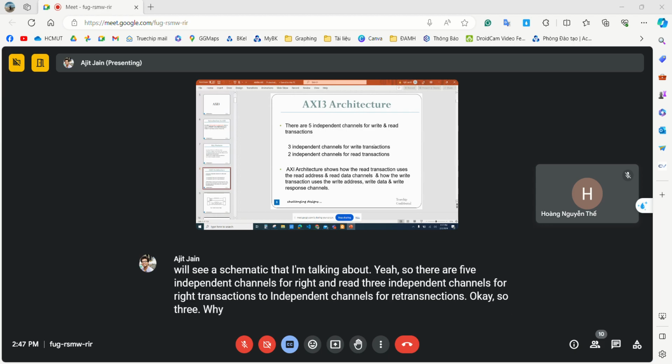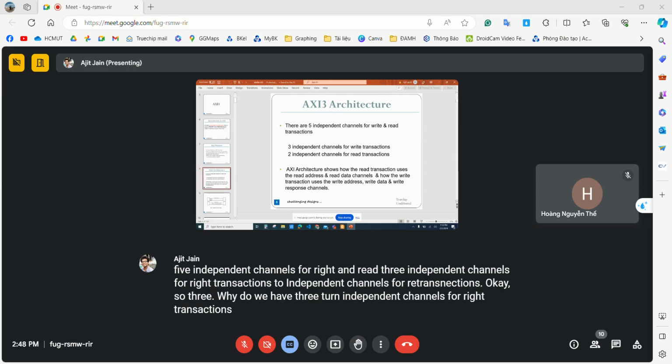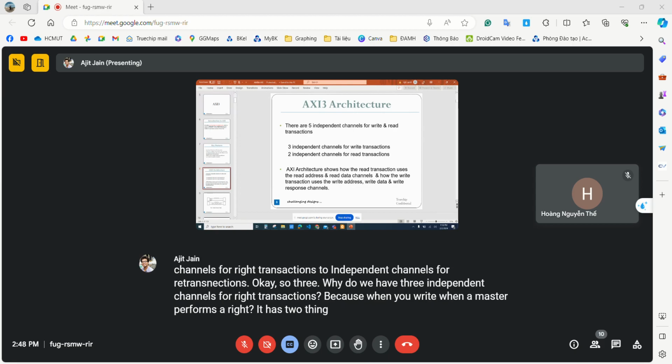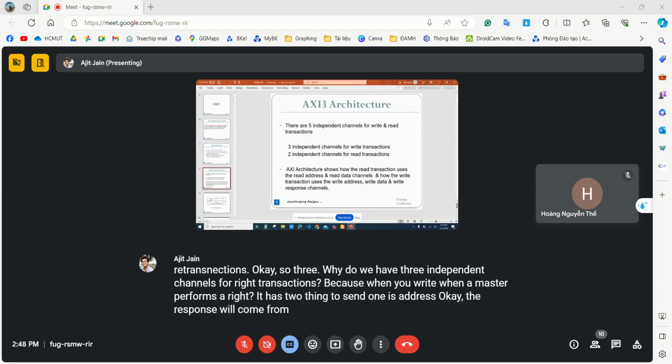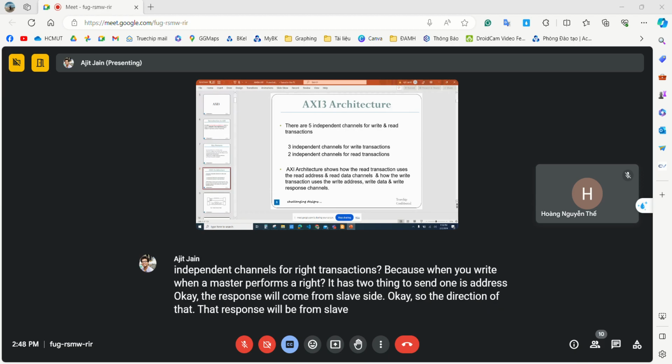Why do we have three independent channels for write transactions? Because when a master performs a write, it has two things to send: one is address, one is data. The response will come from the slave side, so the direction of that response will be from slave to master.